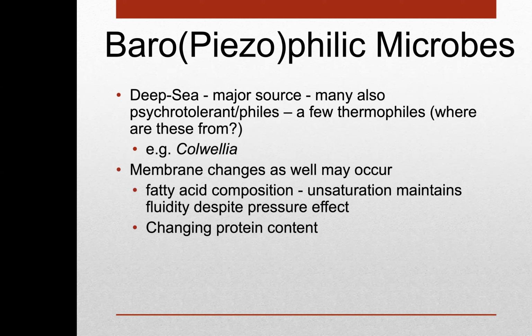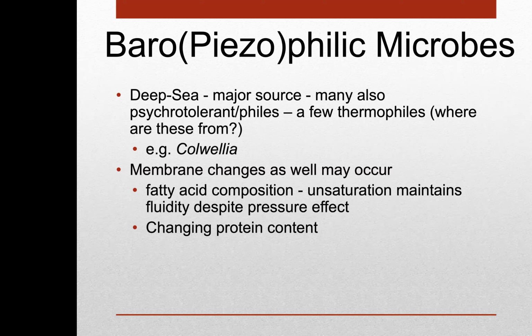I mentioned that if you're temperature adapted, you need to have fatty acid composition changes. Oftentimes we see the same thing here with pressure. So it turns out that under high pressure, your lipids are going to want to lock up again, just like we saw with the psychrophiles. And so just like with psychrophiles, unsaturated and shorter chain fatty acids help maintain fluidity.